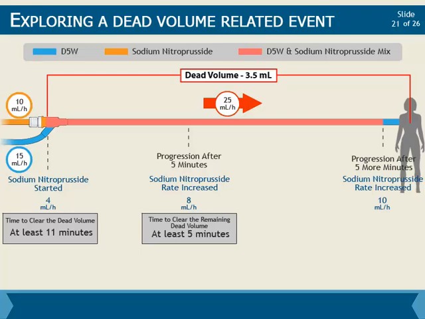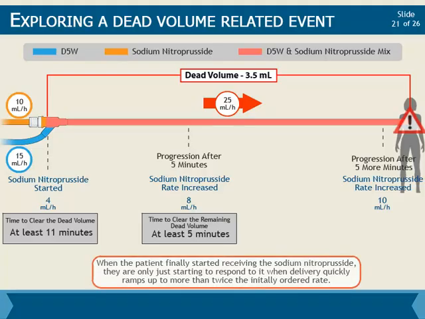When this change is made, the dead volume was on the verge of being cleared. When the patient finally started receiving the sodium nitroprusside a minute later, they are only just starting to respond to it when delivery quickly ramps up to more than twice the initially ordered rate. This leads to the patient becoming suddenly hypotensive.